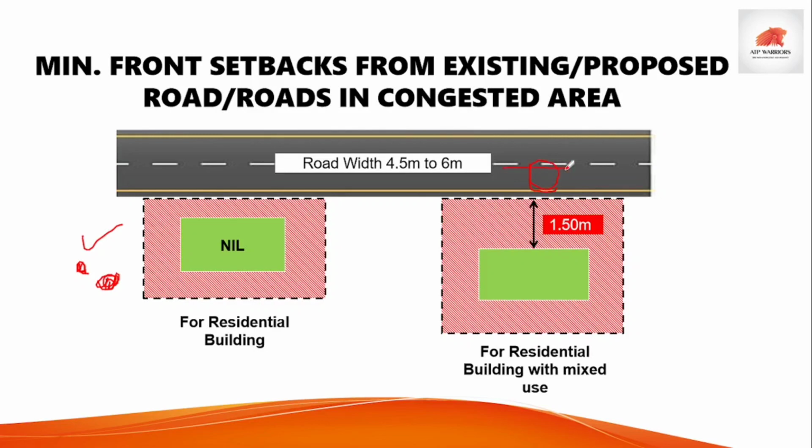That is also a difference point. You have to keep 1.5 meter from here. They haven't said that you have to keep the marginal distance from the center of the road. So you must keep the marginal distance from your plot boundary.